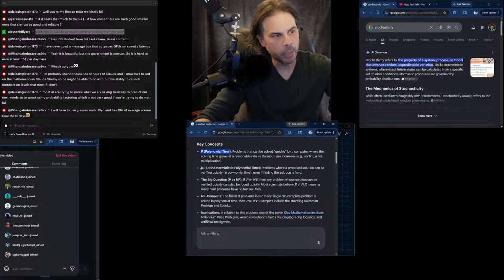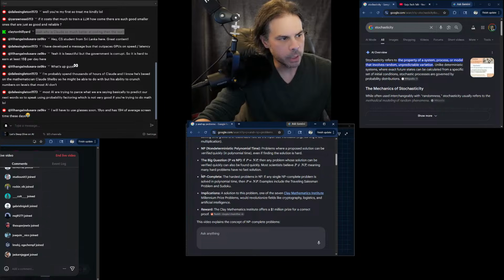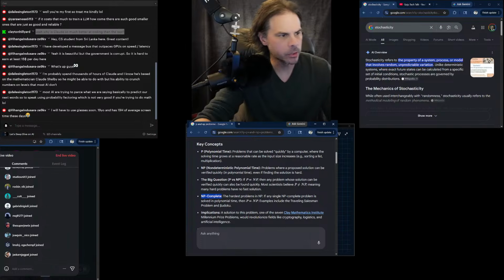And then one step up is non-deterministic polynomial time. It's like, okay, this is a little bit harder. Harder meaning it's going to take more time to figure this stuff out. And then as you go deeper down, you get into NP complete. And I feel like there's NP hard in here, but I don't know where that is.